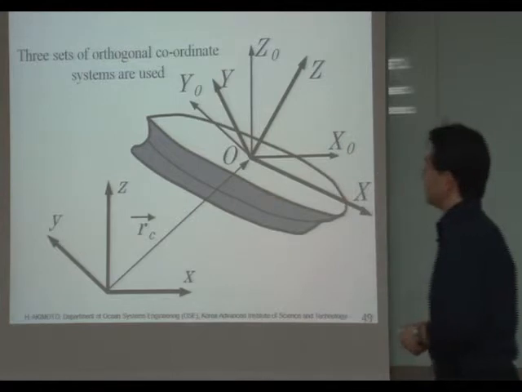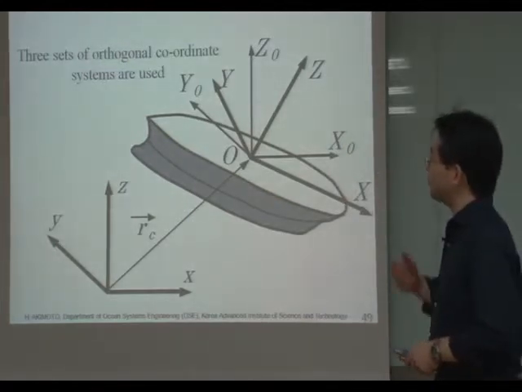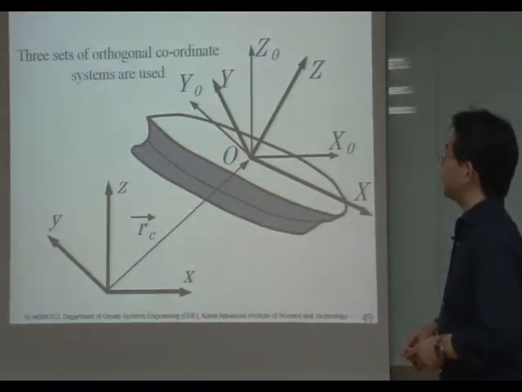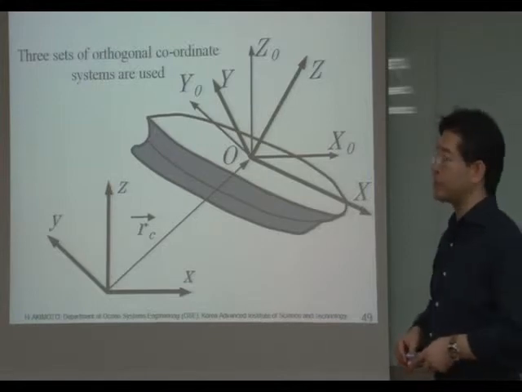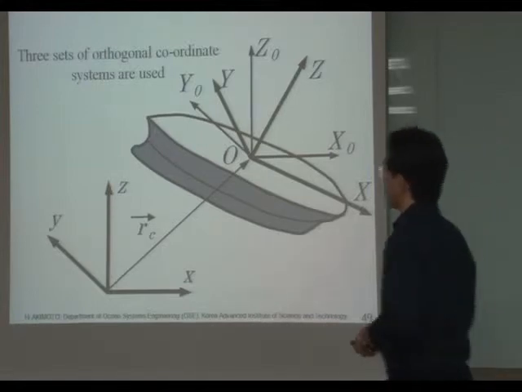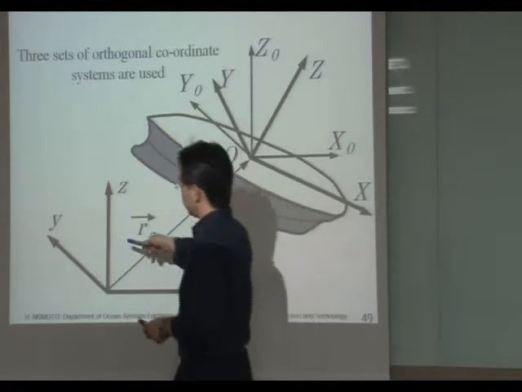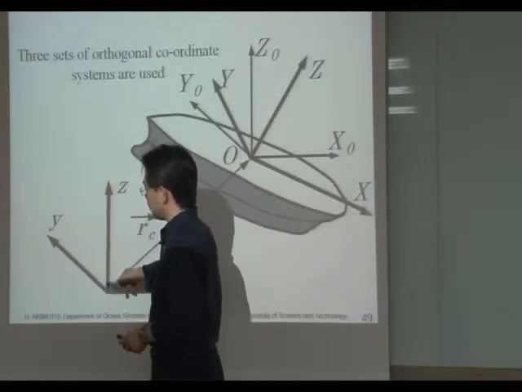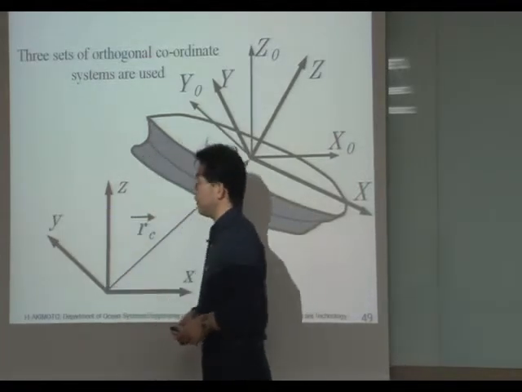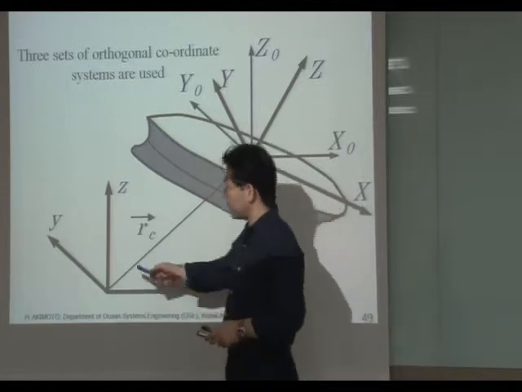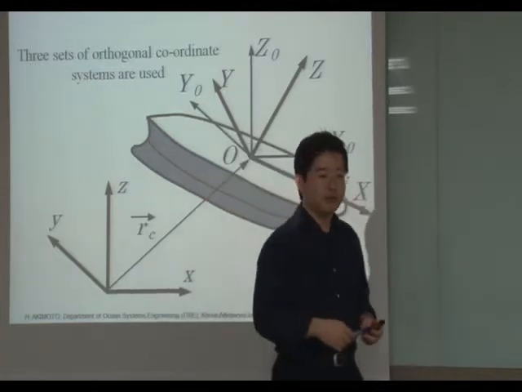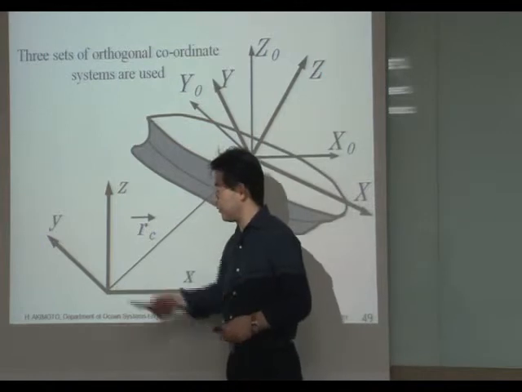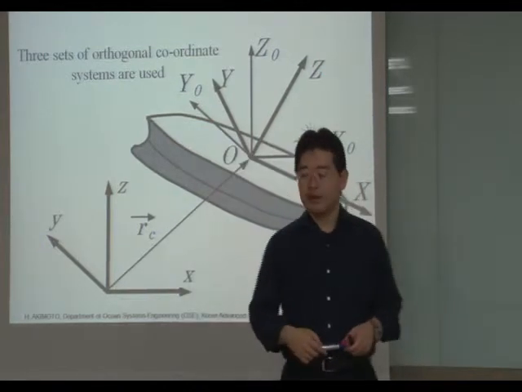For the simulation of arbitrary ship motion, we have to consider moving coordinates. This is fixed coordinates. We will say ground. In aeronautics, they will call it ground fixed coordinates.